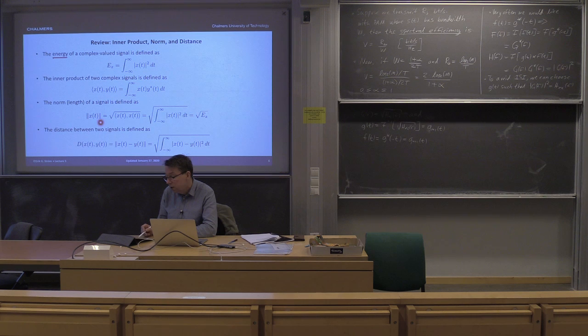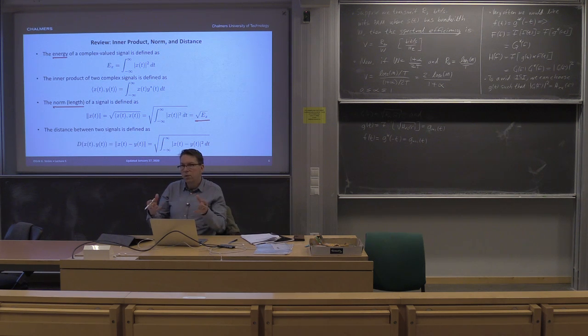Double bars is the square root of the inner product of x with itself, which is the square root of this integral. We put in x and x conjugate, multiply them together, we get x magnitude squared, and we know what this integral is. We previously said that it is equal to the energy. So the norm or length of a signal is equal to the square root of its energy.